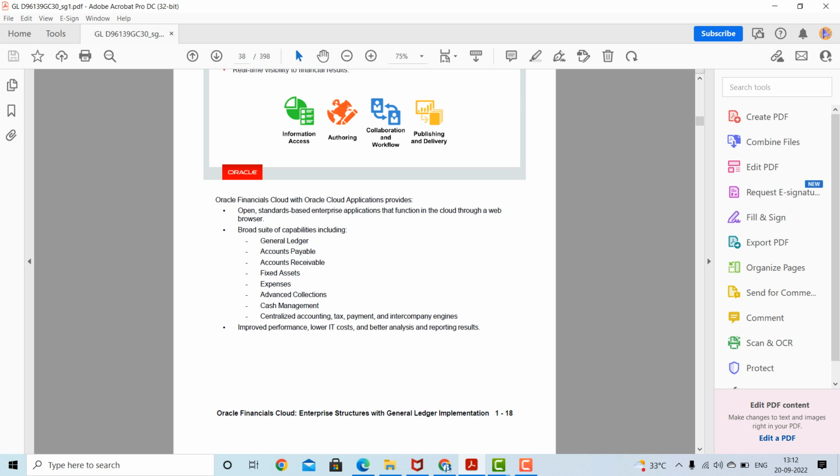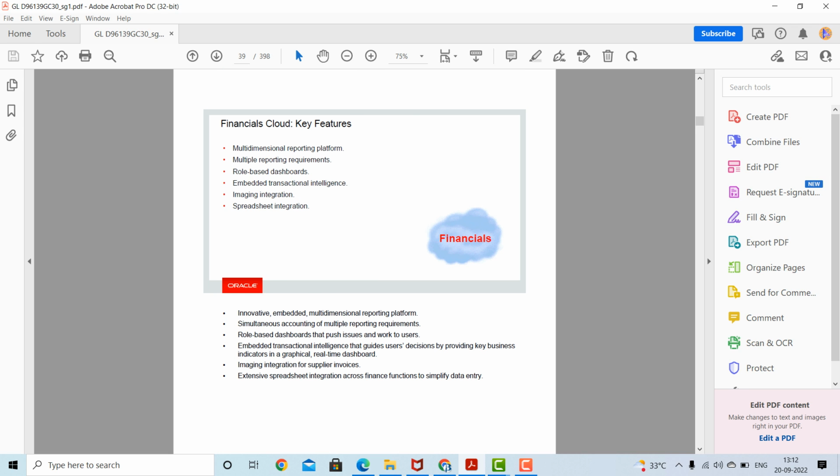Next we will see that Financials Cloud has these main key features: a multi-dimensional reporting platform, multiple reporting requirements, role-based dashboards, embedded transaction intelligence, imaging integration, and spreadsheet integration. It is an innovative embedded multi-dimensional reporting platform that simultaneously accounts for multiple reporting requirements.